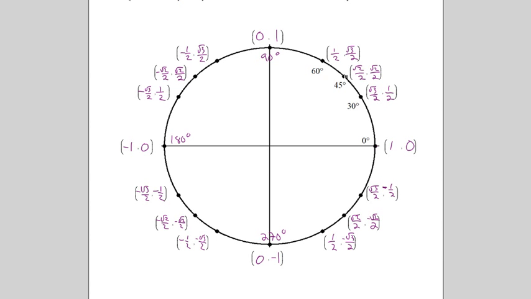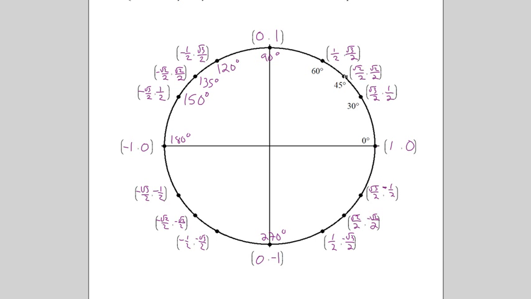All right, so this angle here has a reference angle of 30 degrees, as does this angle. If the reference angle for this is 30, what's the rotation angle for this? 150. This has a reference angle of, which means a rotation angle of 135. This has a reference angle of, which means a rotation angle of.